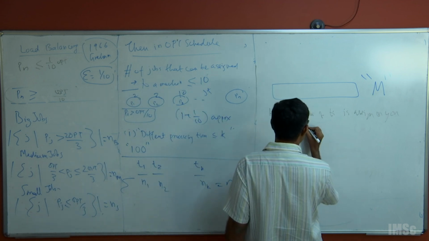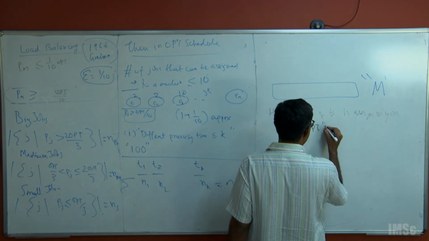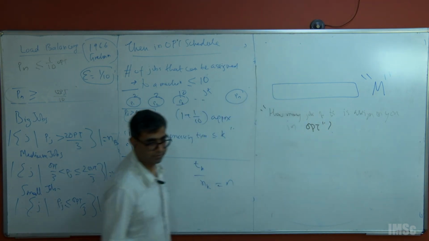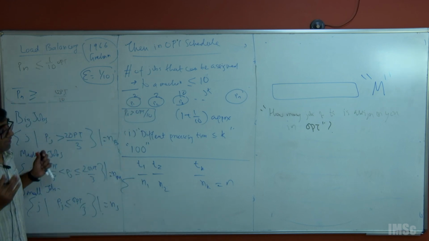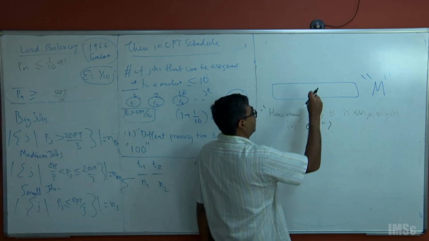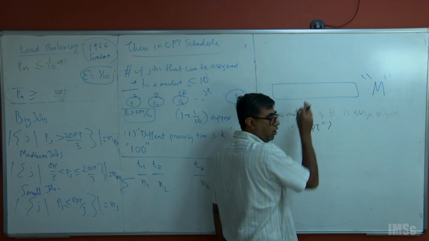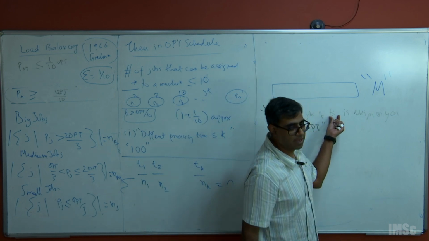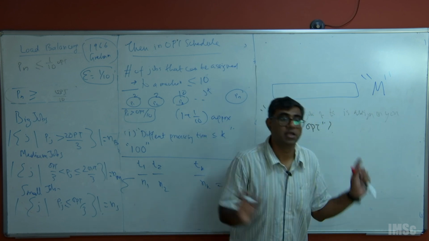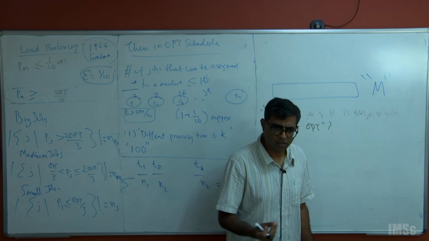Assigned in opt, right? Is that fine? I have no idea what those numbers are, but I'm asking, hey, machine M, how many jobs of processing time Ti are assigned to you in opt? I have no clue what it is, but it is some number.